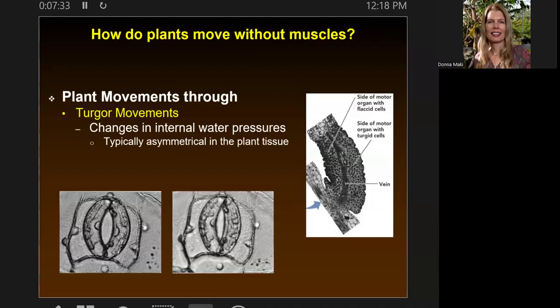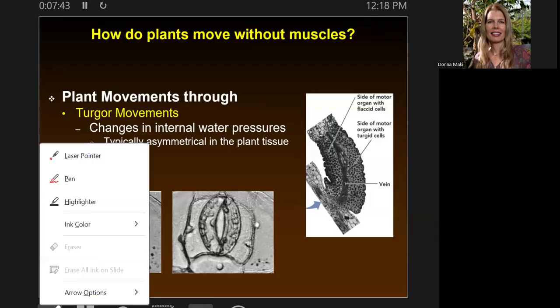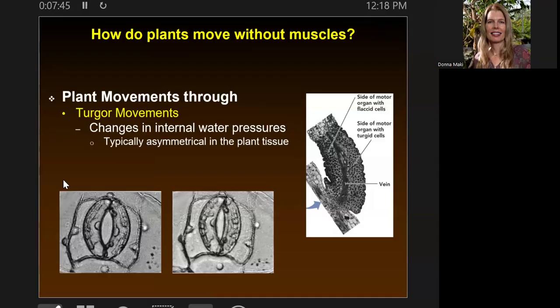Often we see an asymmetrical issue that's being shown on the right here with that picture. So this is the base of a leaf. And I don't know if you can see, well, I guess you can see, now that I have my glasses on, you can kind of see how the section on the right here that I just circled in red is flaccid. There's not much water pressure there.